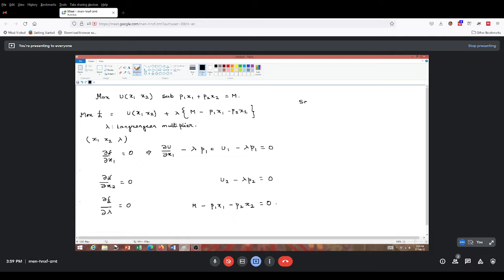The second order conditions are written as follows. This is in terms of a matrix. So u11, u12, and obviously these are the second derivatives. This is u21, u22, and then we put in minus p1 minus p2, and this is 0.